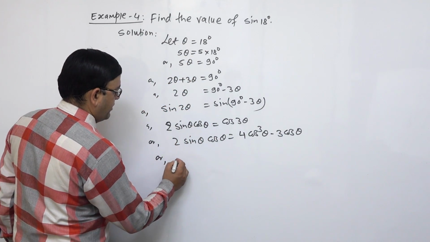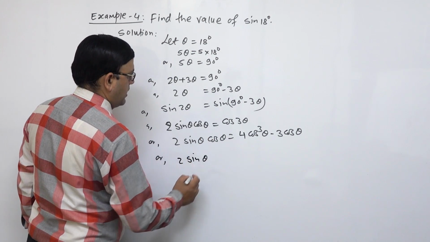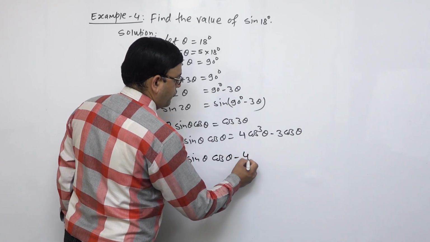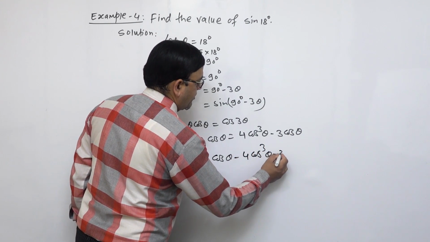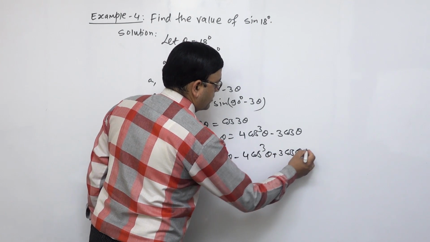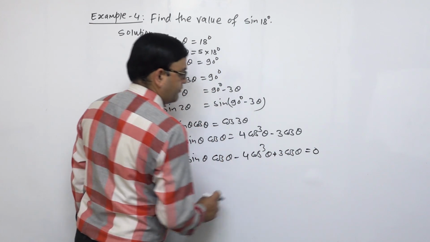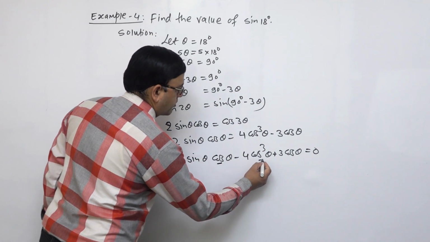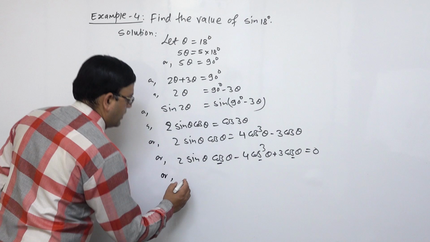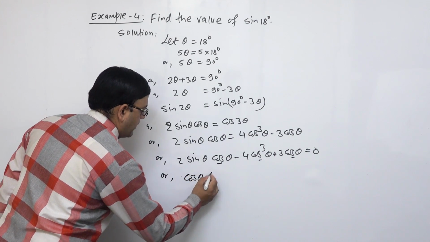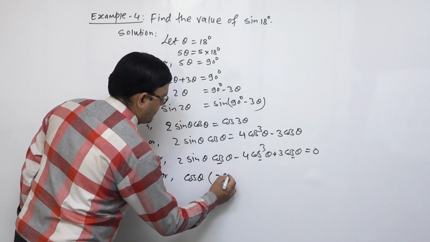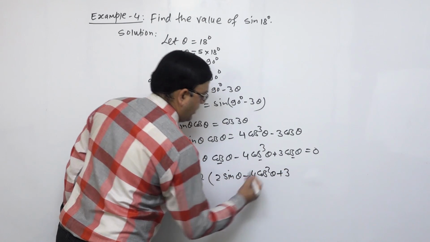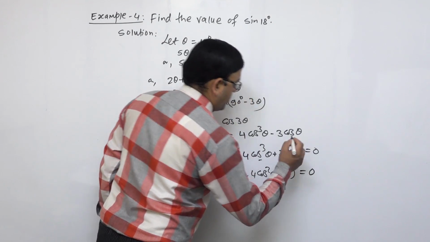So 2 sine theta cos theta minus 4 cos cube theta plus 3 cos theta is equal to 0. Here cos theta is common, so taking it common, we have cos theta times 2 sine theta minus 4 cos square theta plus 3 is equal to 0.